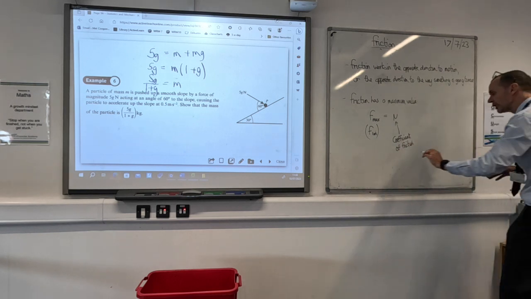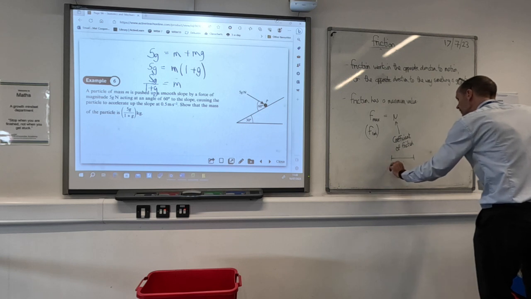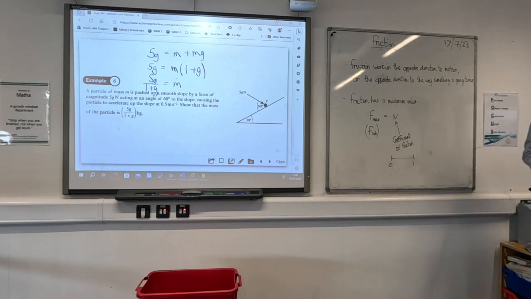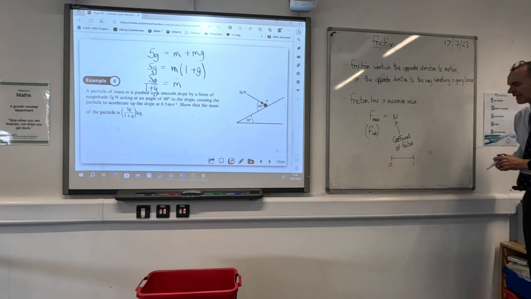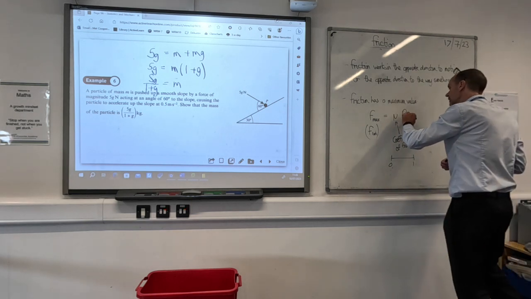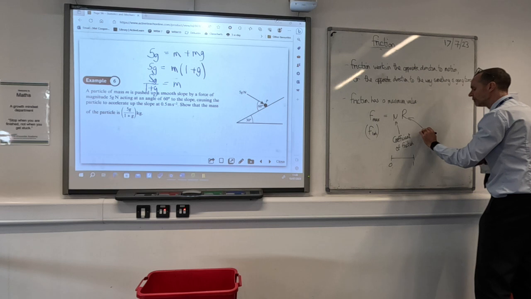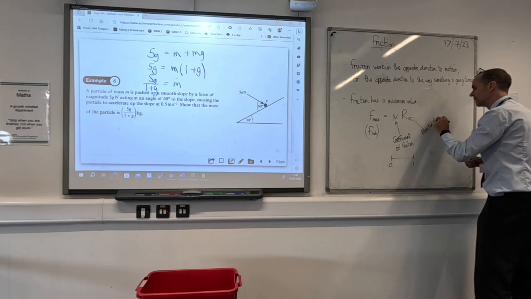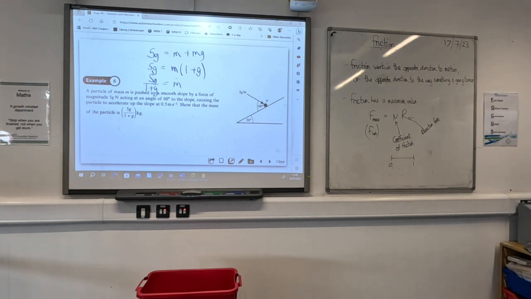The coefficient of friction is somewhere between 0 and 1. 0 is smooth, no friction. 1 is stuck. And R is the reaction force, the floor pushing up. Those are the two things that affect the maximum value of friction. F equals mu R.